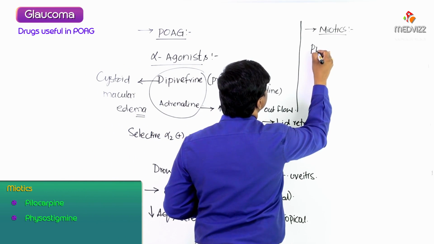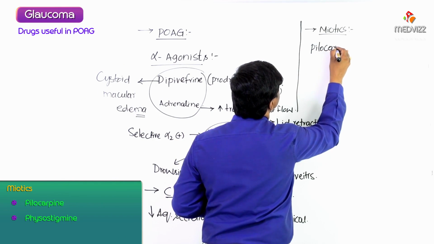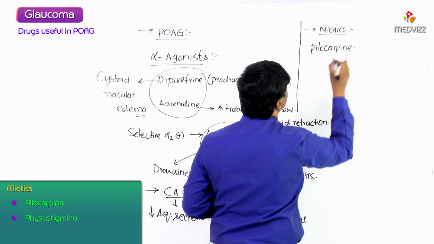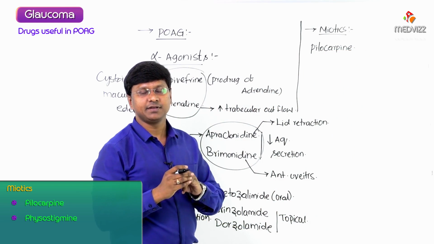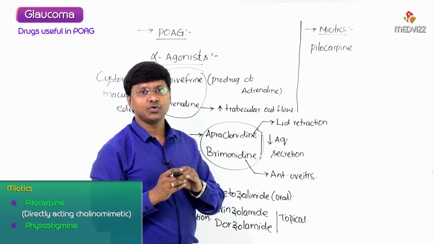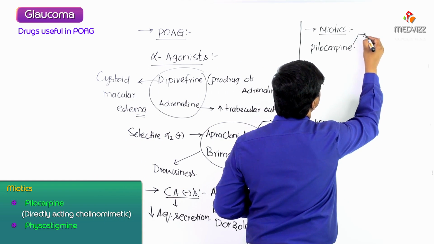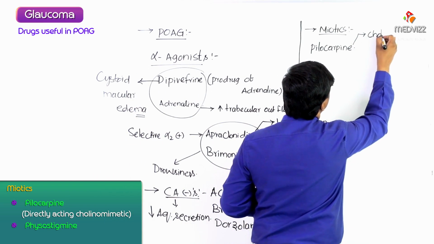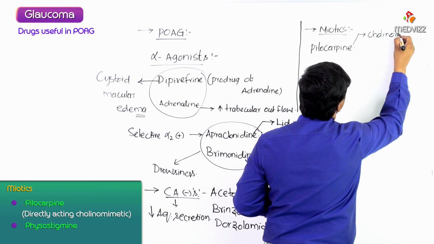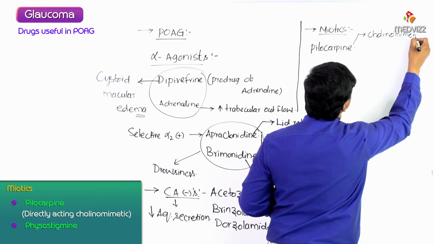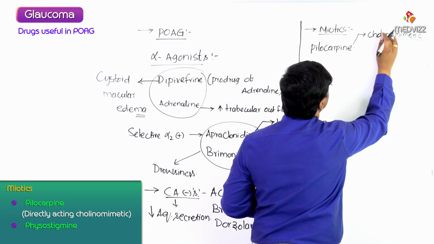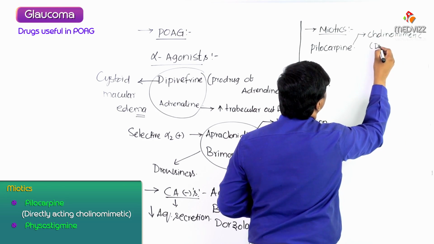Now you take this pilocarpine. Okay, remember, it is a directly acting cholinomimetic drug.